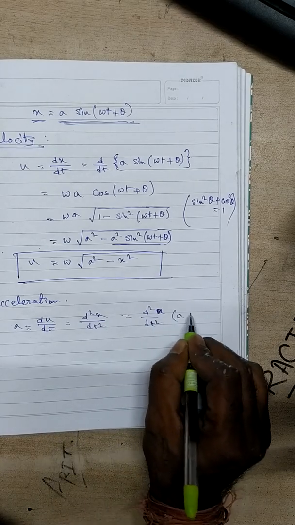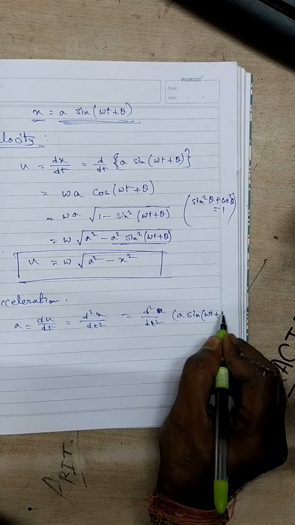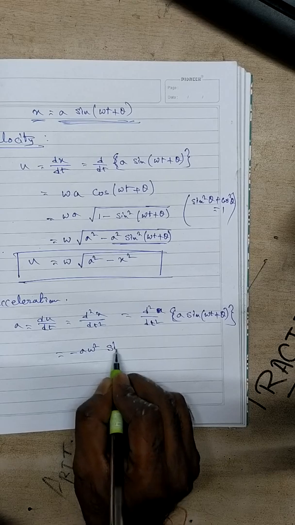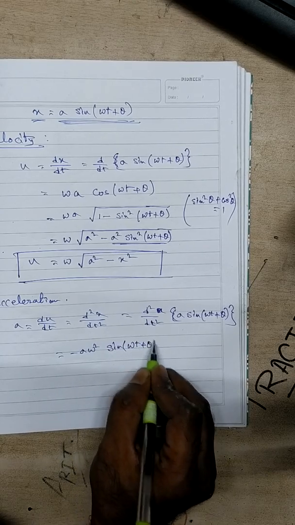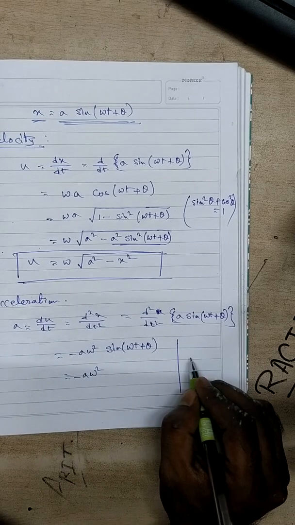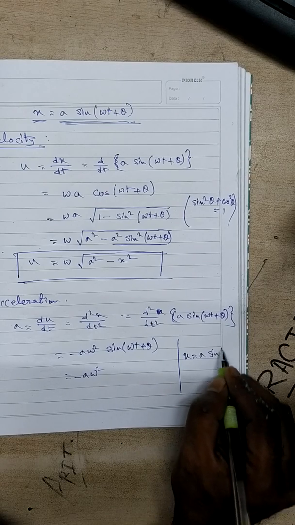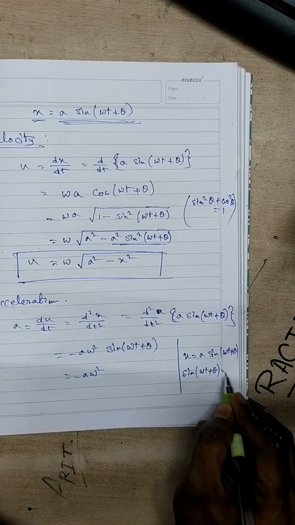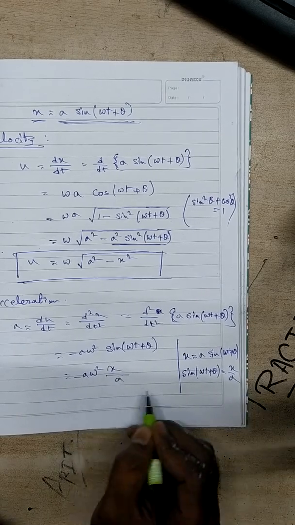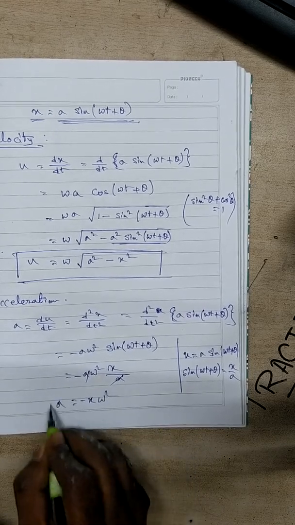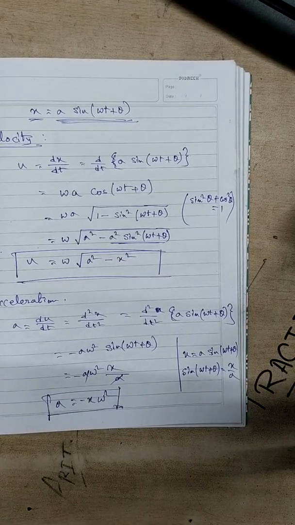So x is a sin(omega t plus theta), and differentiating twice gives minus a omega square sin(omega t plus theta). We know that x is equal to a sin(omega t plus theta), so sin(omega t plus theta) is equal to x by a. So we rewrite x by a here, a cancels out, and we get minus x omega square. So this is known as the acceleration of the simple harmonic oscillator. Is it clear?